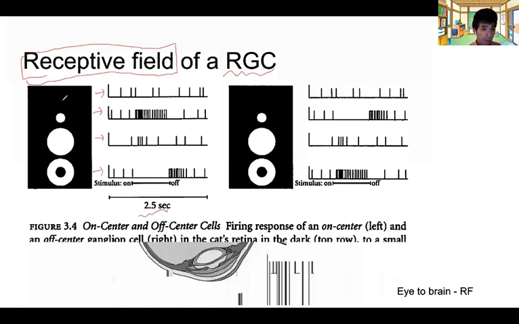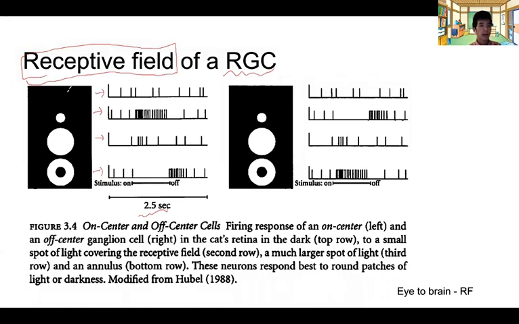The top is when the particular retinal ganglion cell recorded, shown by the black thing, is under its so-called receptive field. So here it is, in a sense, the baseline firing rate of the retinal ganglion cell.